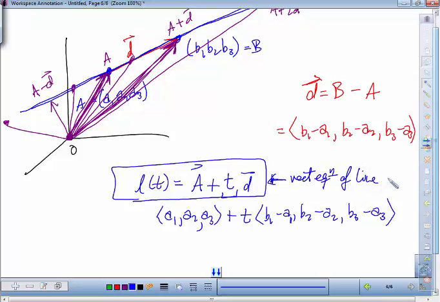So like the lines in 2 dimensions, we need a point and a slope. The line in 3 dimensions, you can think about it as something where you need a point and a direction vector.